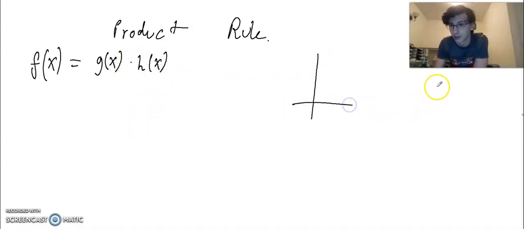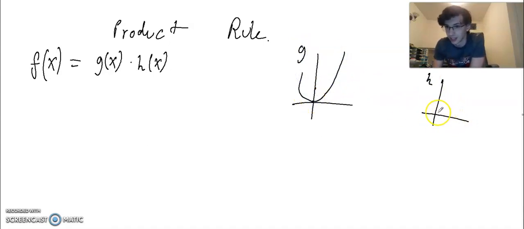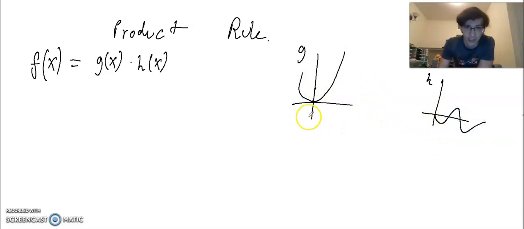So if we have two different functions of x, g and h, g was x squared, and then there was sine, and there's x on the x-axis.